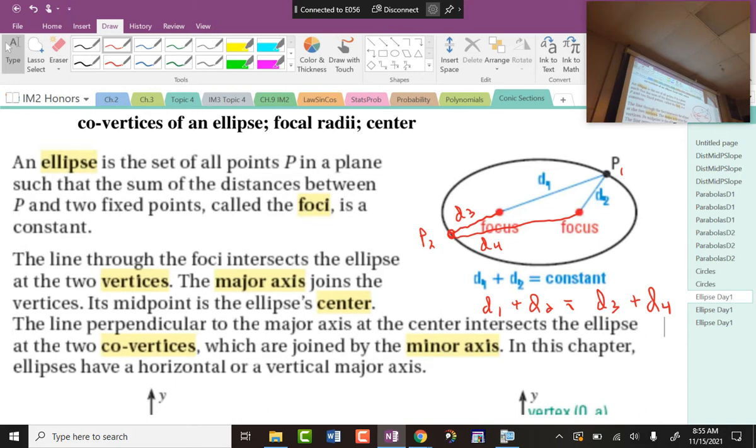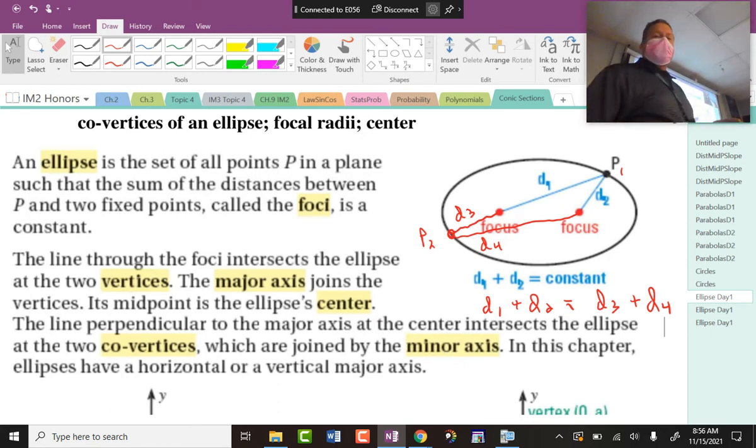Which is the biggest radius? The major axis. Major, bigger; minor, smaller. We'll see how this shakes out on our equation. Vertices are the major axis endpoints. Co-vertices are minor axis endpoints. So it's going to be very simple how this graphs.